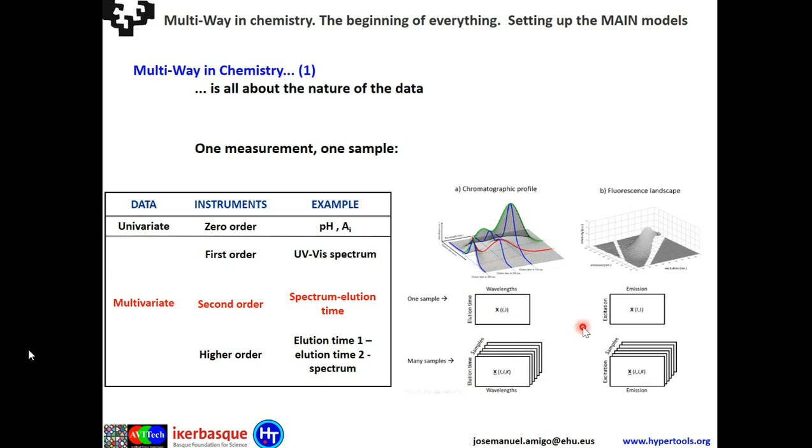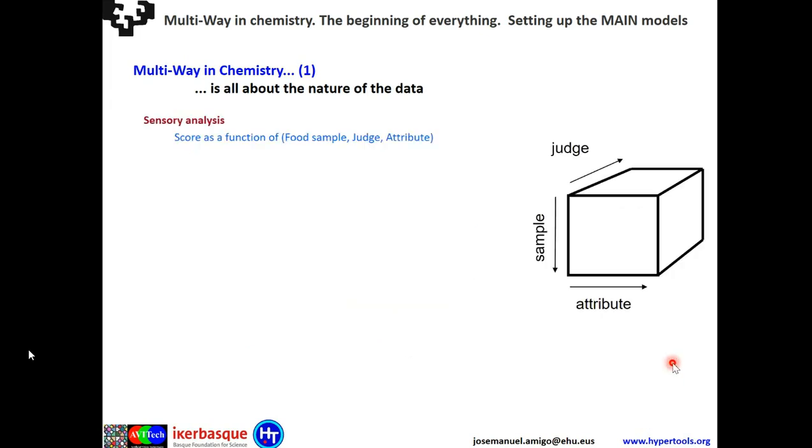Or also we have instruments like excitation-emission fluorescence, in which for each excitation wavelength, we can measure the emission spectrum here. So for one sample, we will have our matrix, and then if we have more samples, we will have our three-way structure.